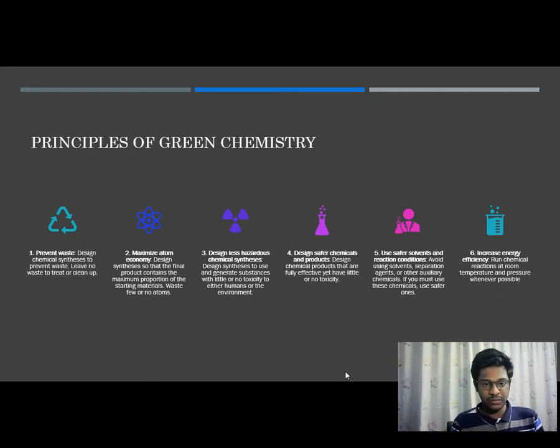Design less hazardous chemical substances which are less toxic to humans and also to the environment. Design safer chemicals and products that are fully effective yet have little or no toxicity. Use safe solvents and reaction conditions, and increase energy efficiency.